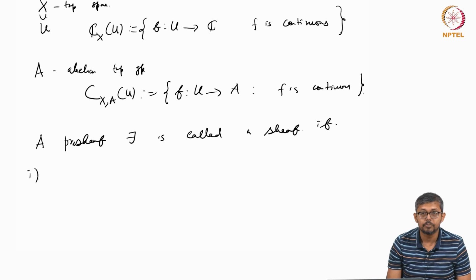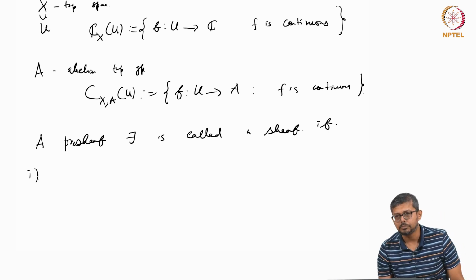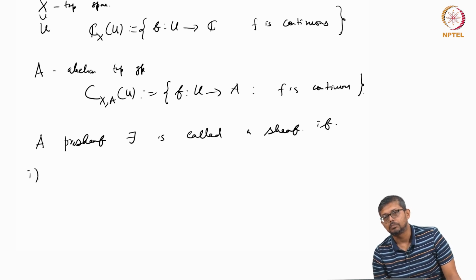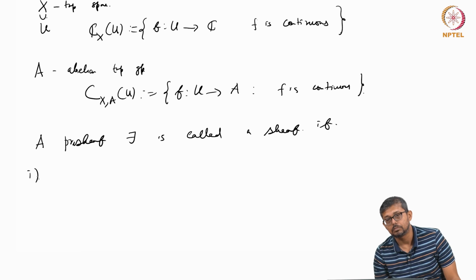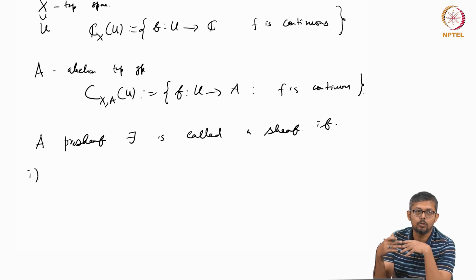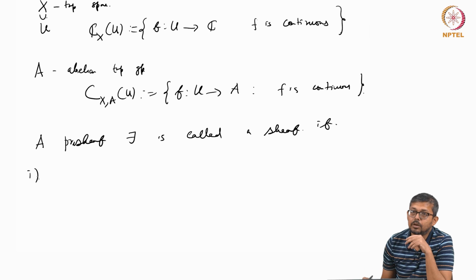See, the restriction between the abelian groups: for example, if you choose two open sets where U is contained in V, then from F(V) to F(U) we have that restriction. They both are abelian groups. What kind of map is it? A group homomorphism. When you are in the category of abelian groups, this morphism should be an abelian group homomorphism. We are just giving the name restriction.